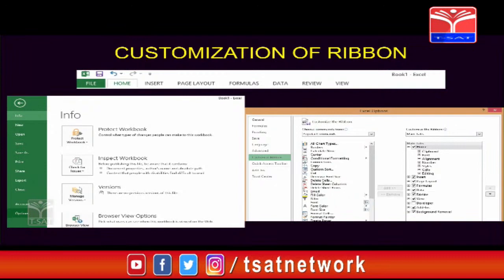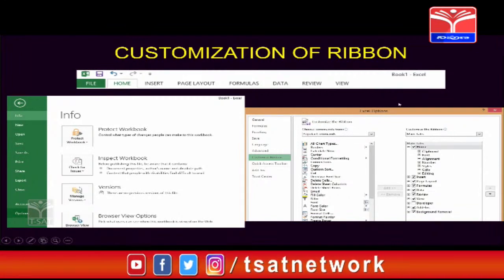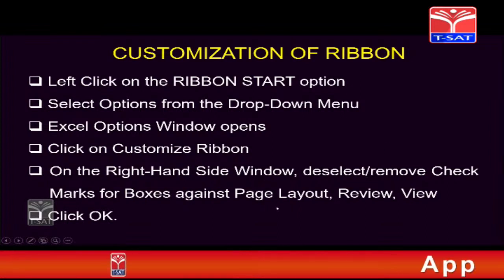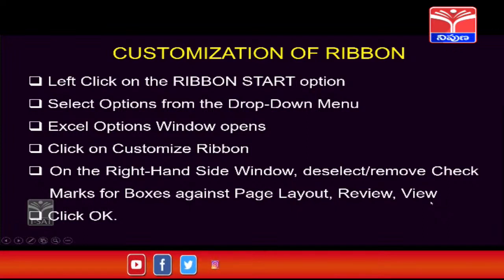So for that, we are supposed to remove the check mark from the checkbox of the tab which we do not want to represent on our ribbon tab. Maybe, like we were seeing in the previous slide, we do not want the tabs Page Layout, Review and View to be present on the ribbon tab.